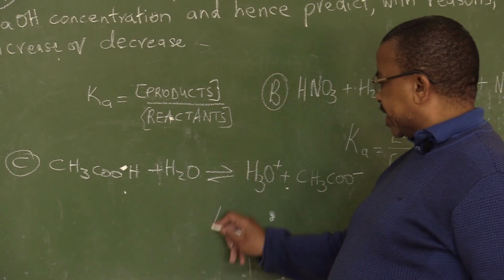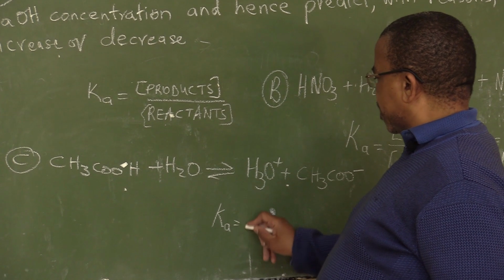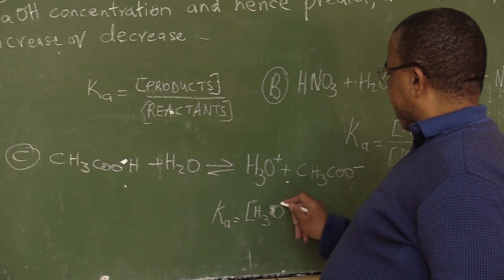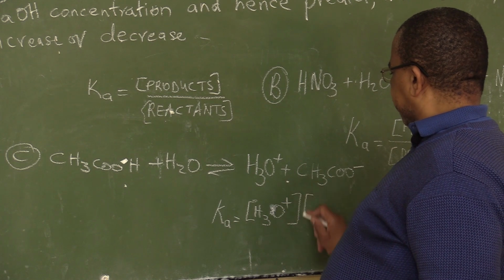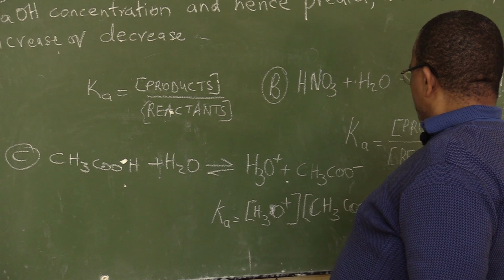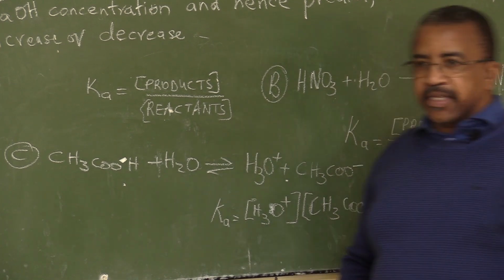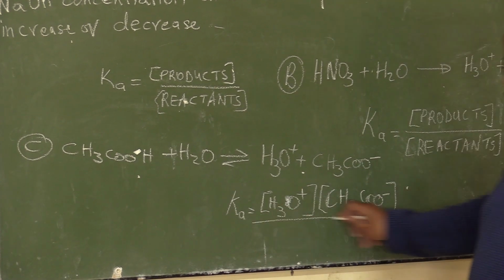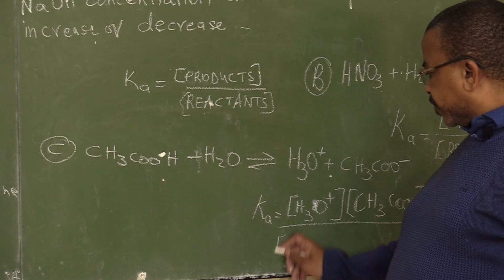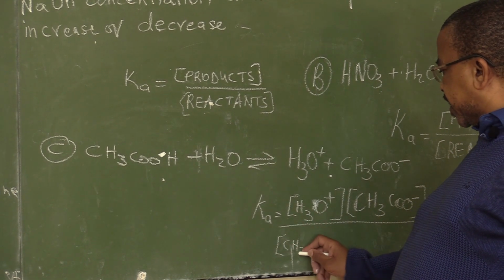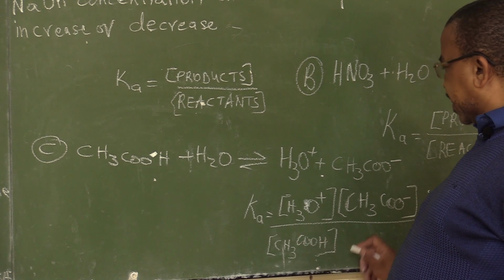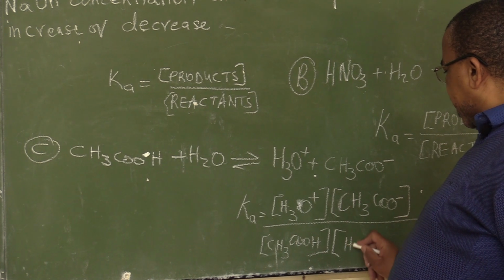Ka is the concentration of H3O plus and CH3COO minus, these are the products, over the reactants, the concentration of CH3COOH times H2O.